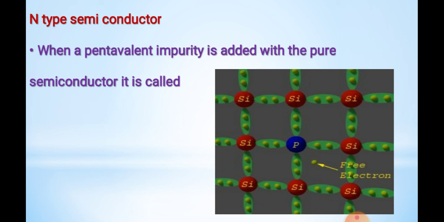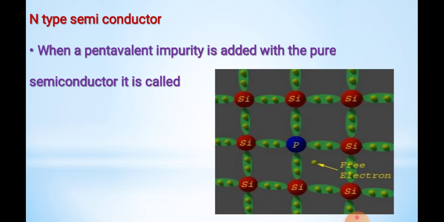That's why we call it a semiconductor. Just like that, if one more phosphorus is added to another silicon, another free electron will be created. Depending upon the addition of impurities, the number of electrons will also increase. Due to the increase in the number of electrons, we call that an N-type semiconductor.